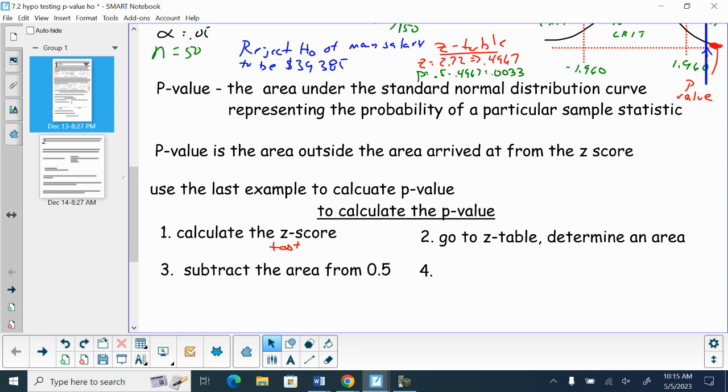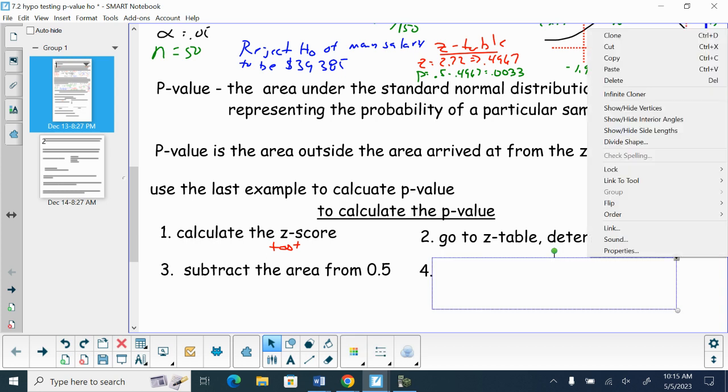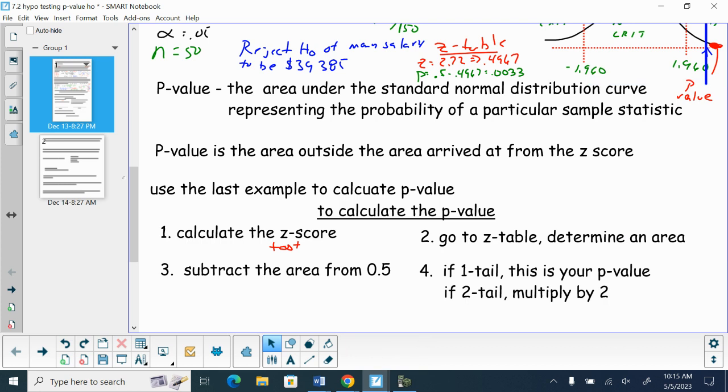Now to calculate the p-value, we have two scenarios. If this is a one-tail test, this is your p-value. If this is a two-tail test, you need to multiply this by 2.